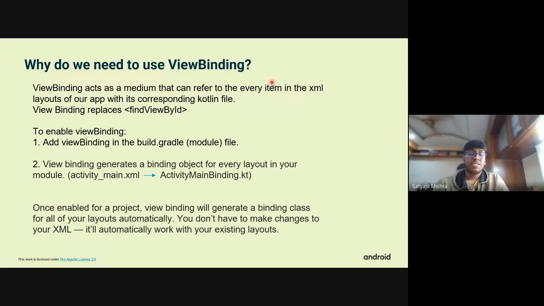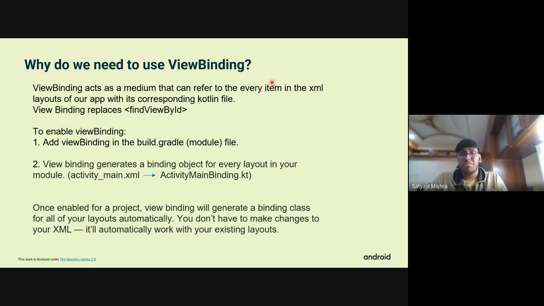Earlier, what used to happen is we always had to manually provide the ID of each and every element. I was just talking about two buttons, right? But in a professional application, you will always have more than two buttons. It can be very frustrating, and it can also be very buggy.